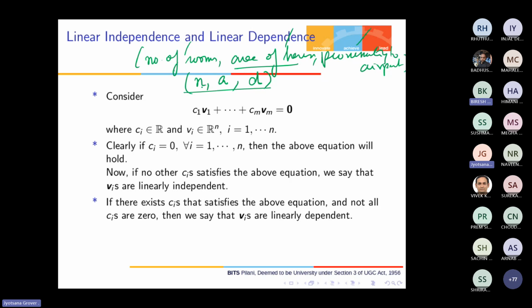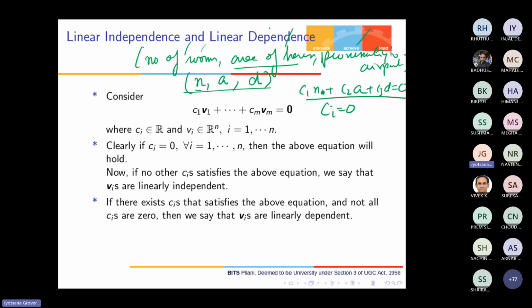So this is your feature 1: C1 N plus C2 A plus C3 D is equal to 0. And here all the Ci's you should get as 0. Then only you say these are linearly independent features.